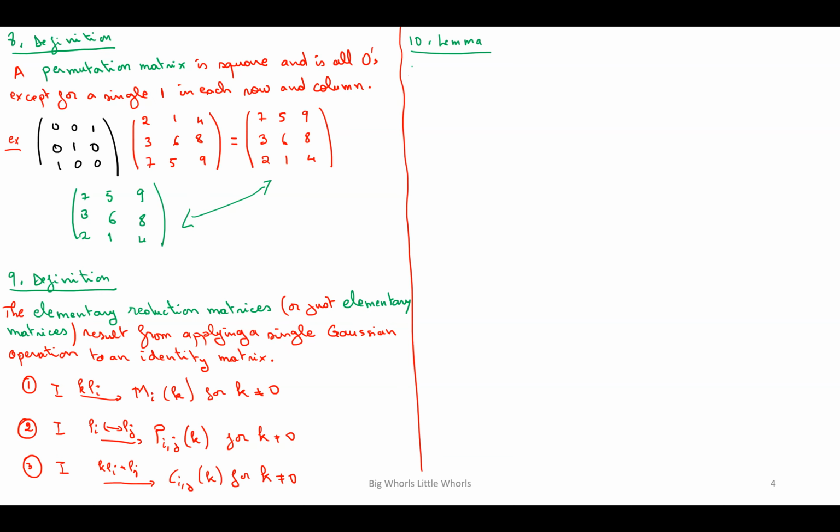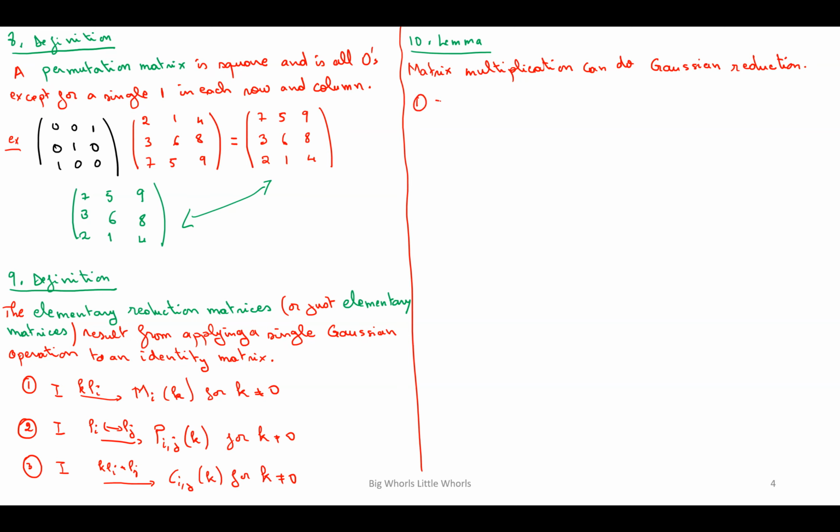We have that matrix multiplication can do Gaussian reduction. We have just seen it shortly.